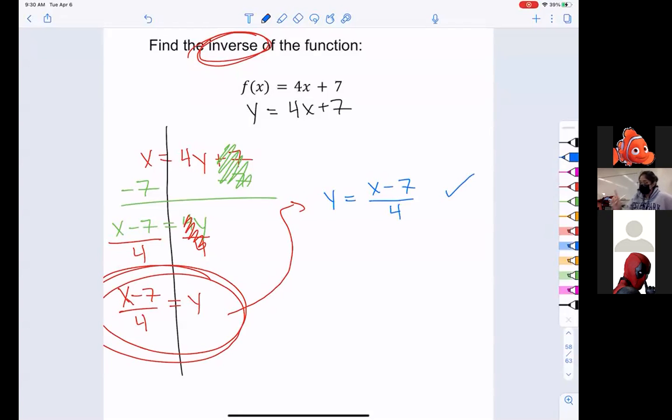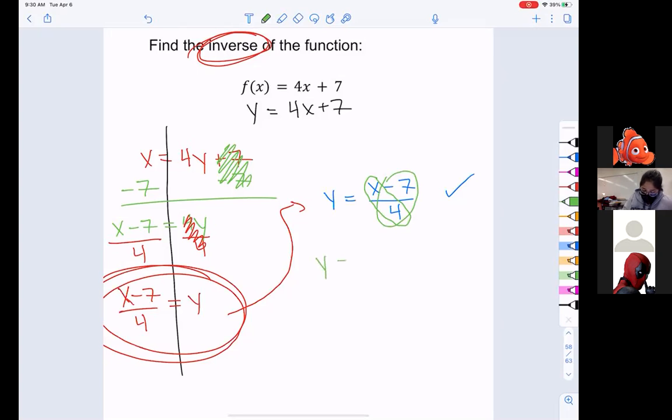That's good. Or what could we do with this fraction? Jordan, do you remember? Not flip it. That's when we're doing transformations. But what we can do is we can separate it. All right. So we can separate it.